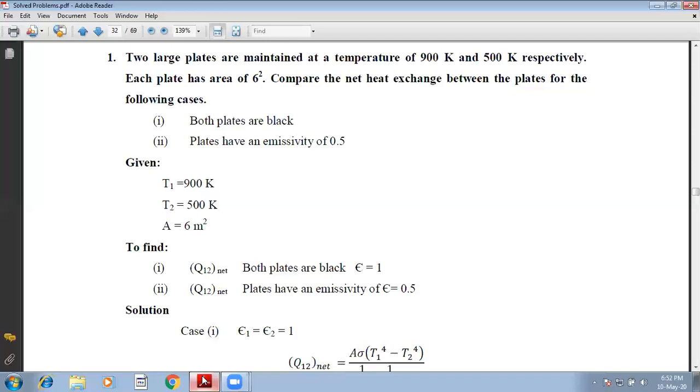Next, we can consider an opaque body, in which case the transmissivity is equal to 0 and absorptivity plus reflectivity will be equal to 1. In simple words, an opaque body is one which can create its own shade when light falls upon it.